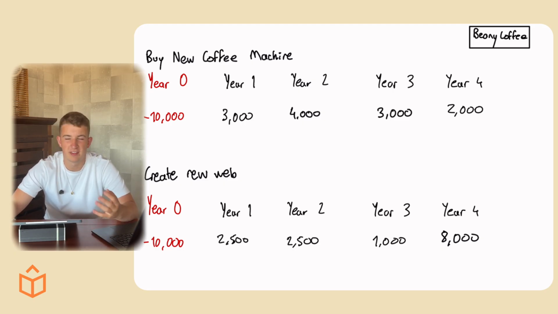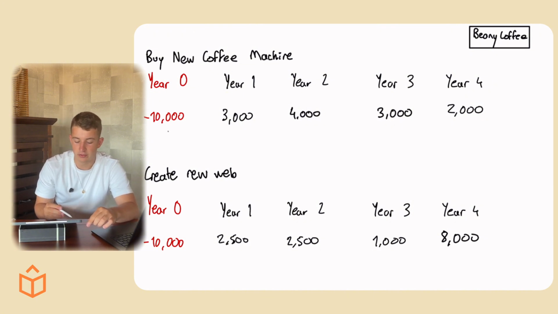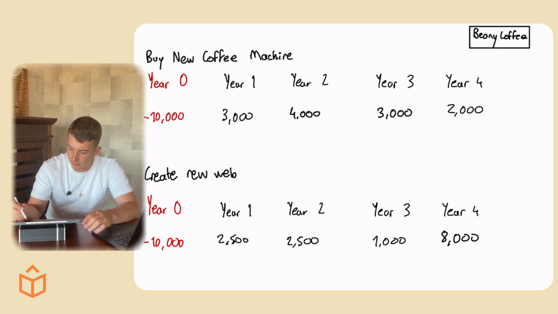Well, the simple payback method only worries about when I am recovering that money. So to calculate it, it's very simple. We invest in the year 0, 10,000, and we need to count the time that needs to pass until we recover the whole investment. So on the first year, we have recovered 3,000, so we would pass from minus 10,000 to minus 7,000.